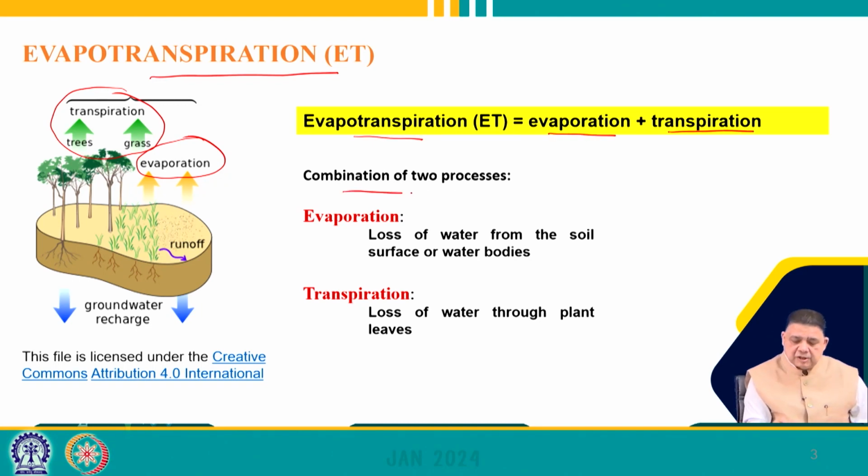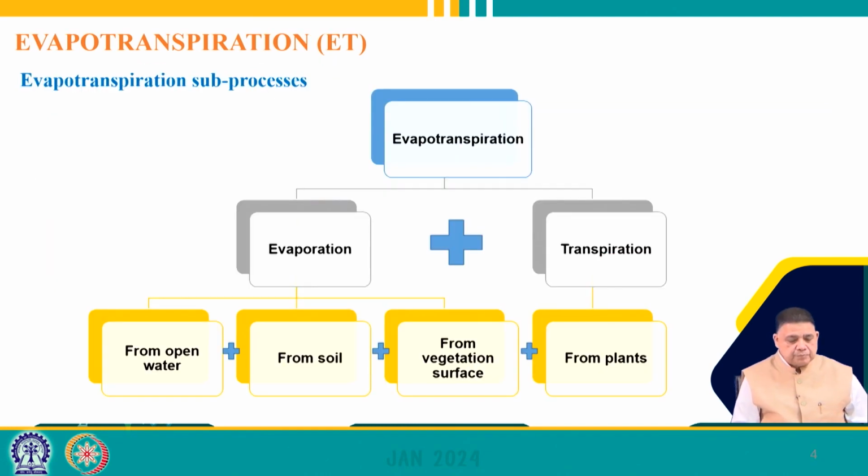Evaporation is loss of water from the soil surface or water bodies, mainly from water bodies, but even irrigated lands or saturated soil will have evaporation. Transpiration is loss of water through plant leaves. The combination of these two is known as evapotranspiration.